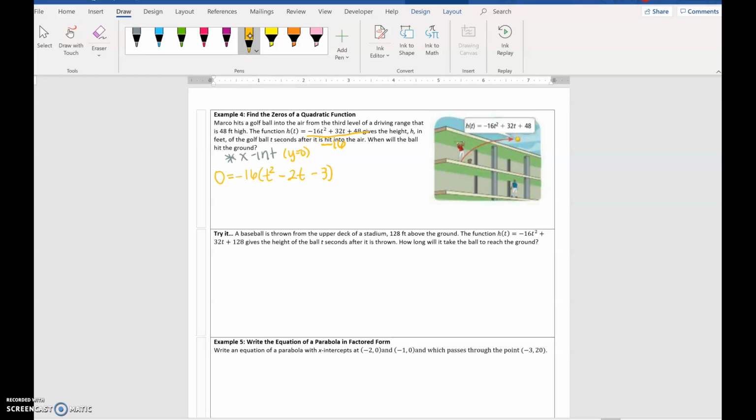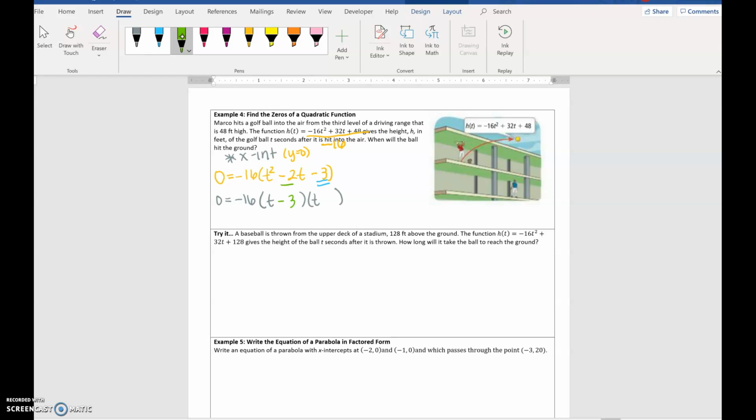And now we have it in this form, and we are going to look for what multiplies to negative 3 and adds to negative 2. So we have 0 equals negative 16, and then we are looking for what multiplies to negative 3 and adds to negative 2.